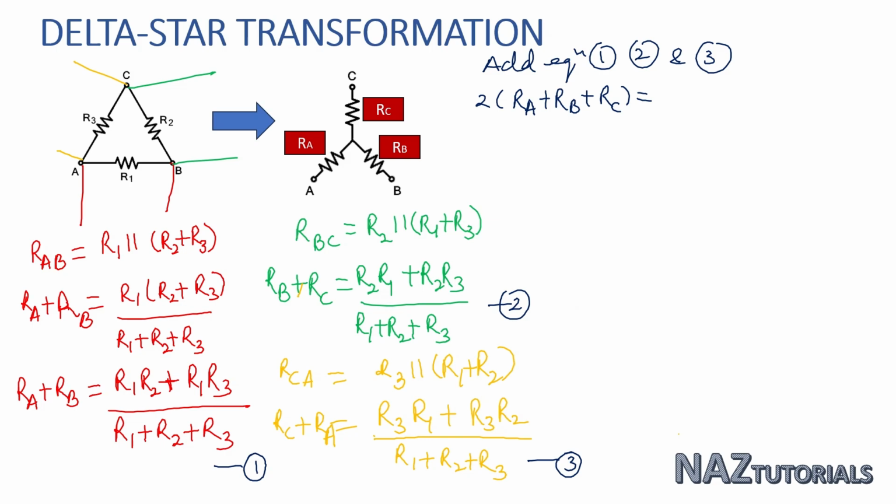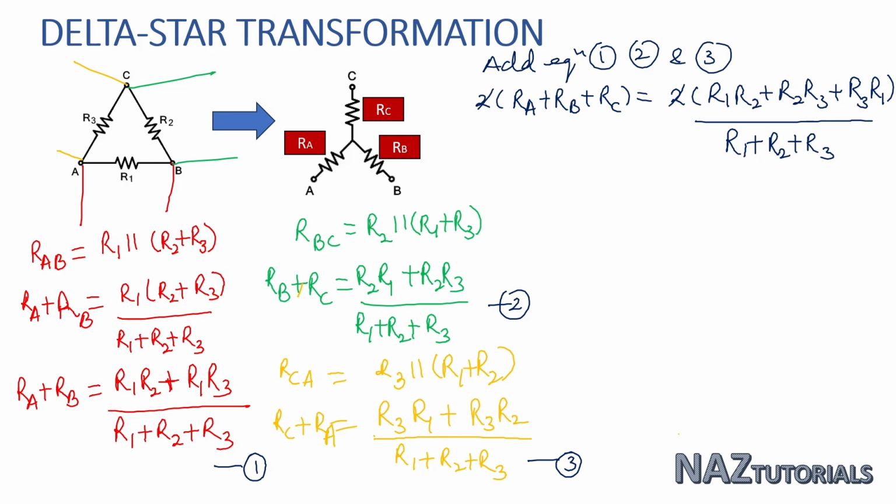So our right side is 2 times (R1 R2 plus R2 R3 plus R3 R1) divided by R1 plus R2 plus R3. This 2 will be cancelled out.